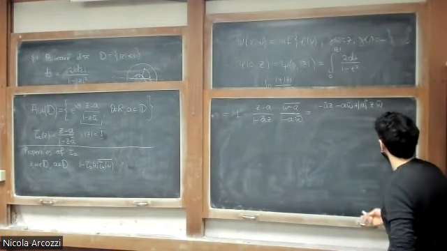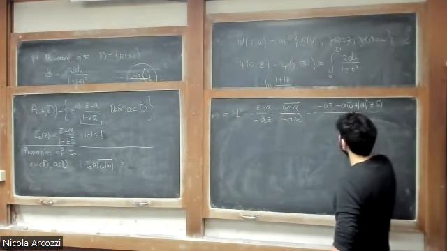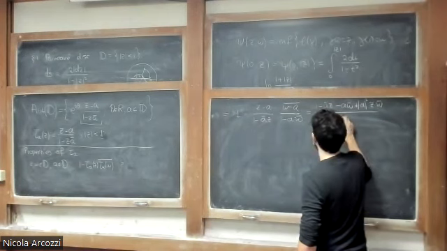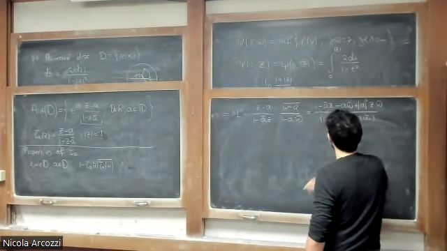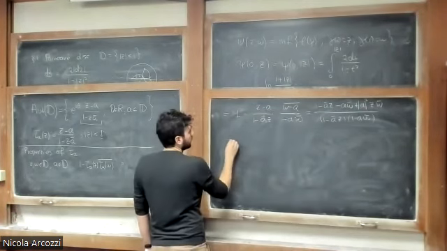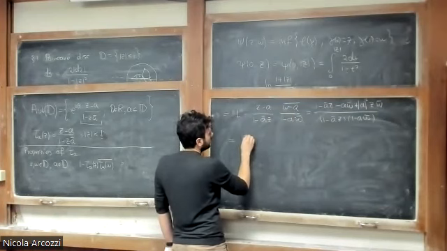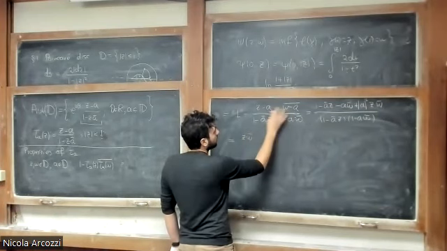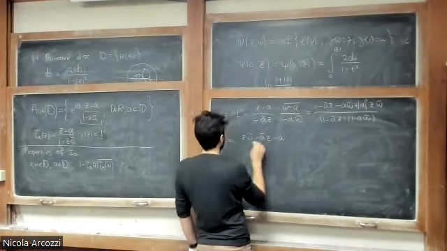I'll write it in 2 rows. And here, if you multiply out in the numerator, you find z w. Sorry.